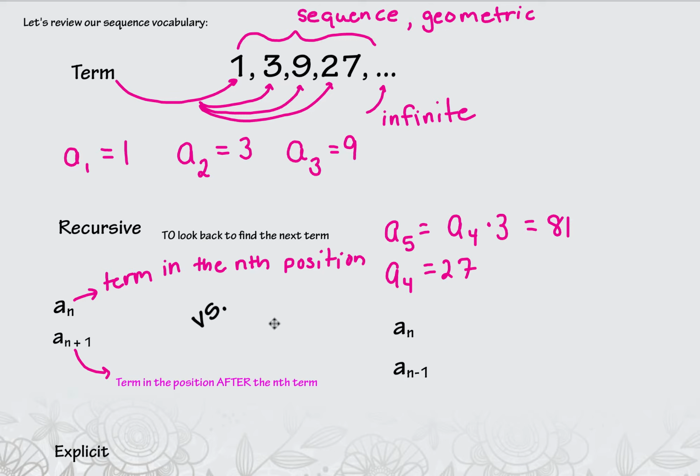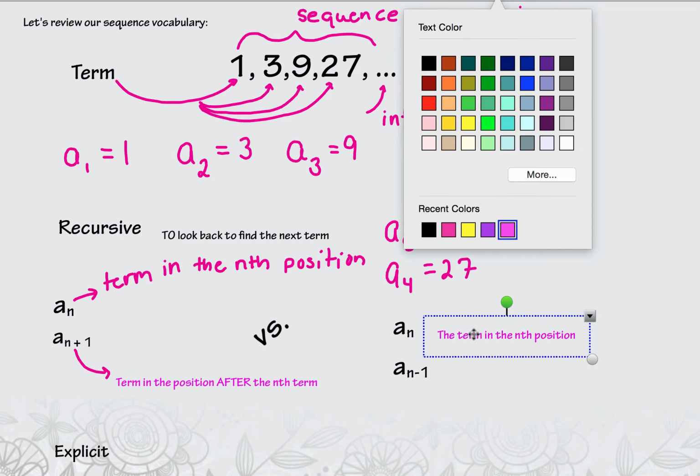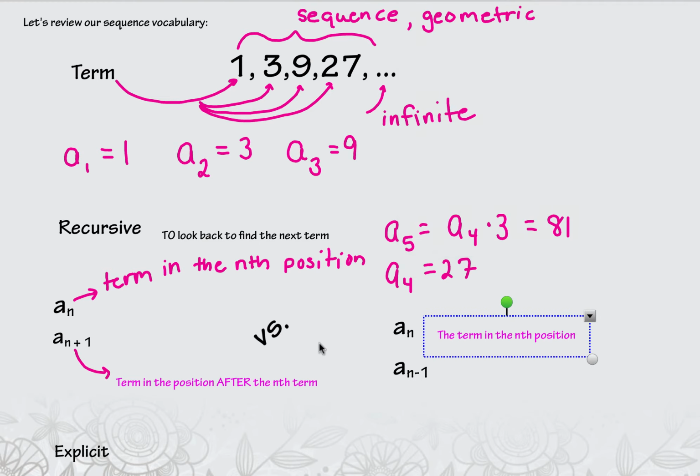So how is that different than a sub n and a sub n minus 1? Well, a sub n is still the term in the nth position, but guess what? That's right. A sub n minus 1 is now the term before the nth position.